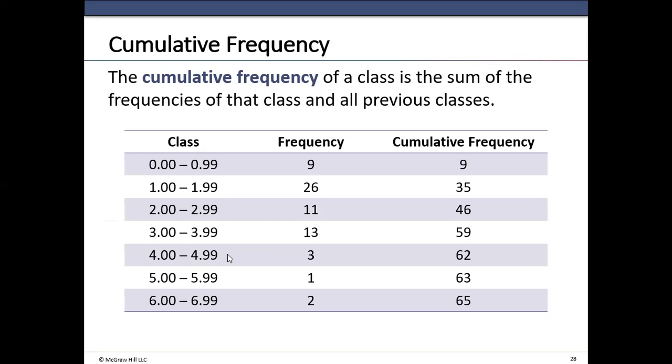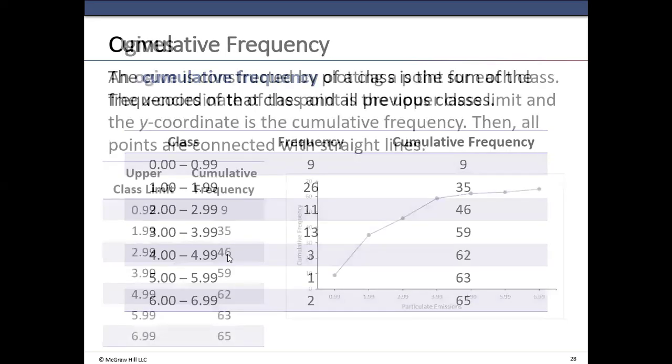So 9 plus 0, cumulative frequency is 9. Whereas if you look at the second class, the frequency of that is 26. On top of it is 9. 26 plus 9 is 35. Look at the third class, frequency is 11. On top of it is 35. 35 plus 11, 46, and so forth.